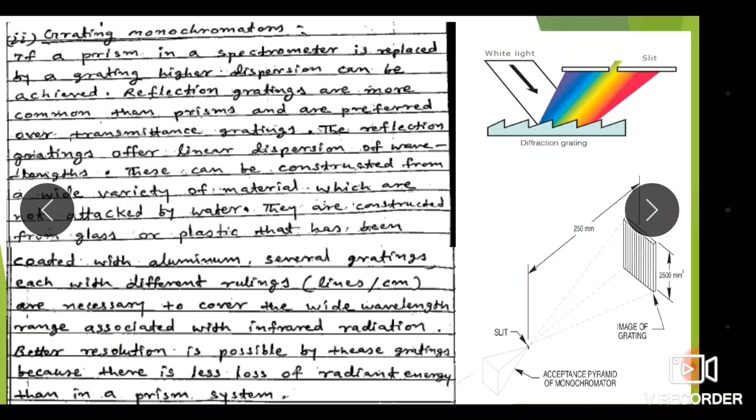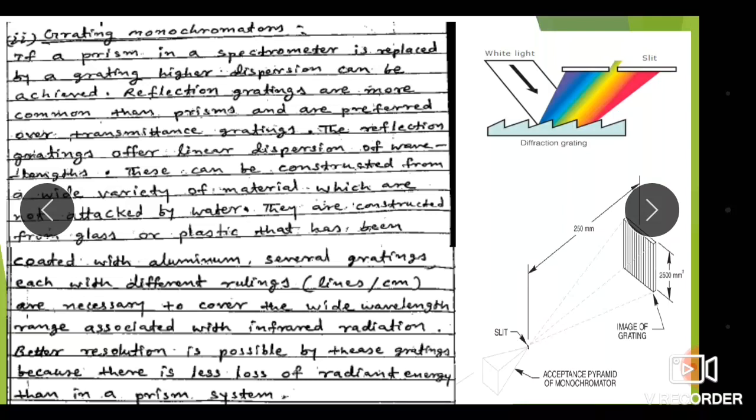Diffraction and reflection gratings are the same. It is a simple glass plate, crystal or plastic plate, on which a number of lines or grooves are ruled at equal distances, nearly 2500 lines in 1 square centimeter area.